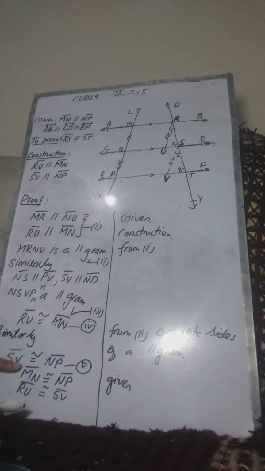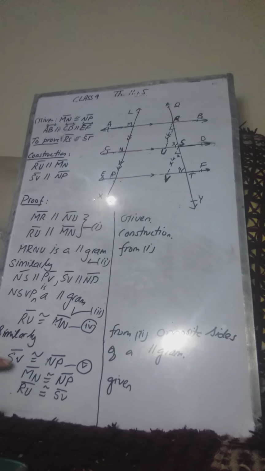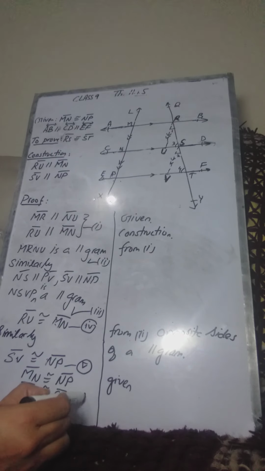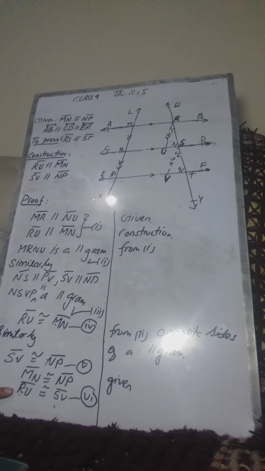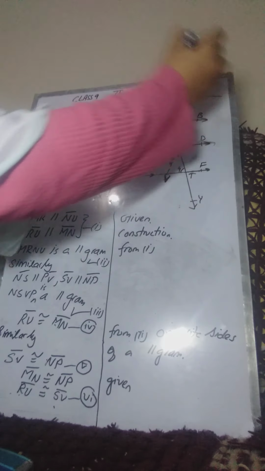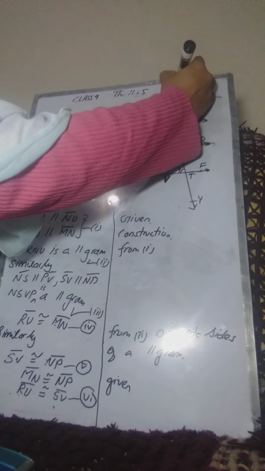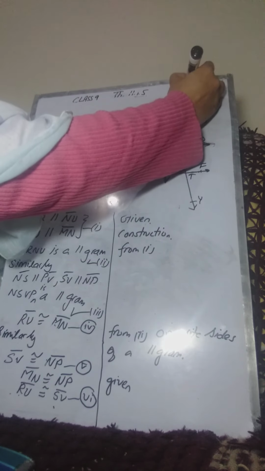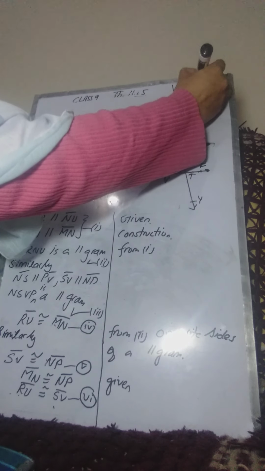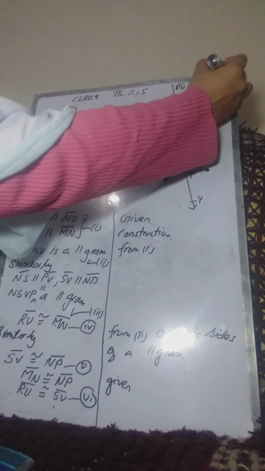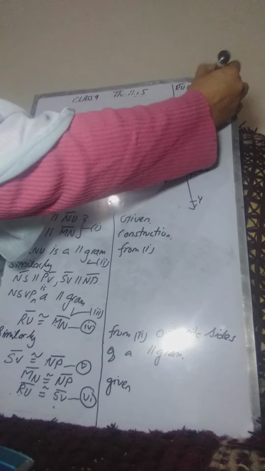Replacing MN by RU and NP by SV, what result do we get? We get that RU will be congruent to SV. Let me mark it as equation 6. We are going to use this in our proof. Let me write it here. RU will be congruent to SV. This is equation 6.